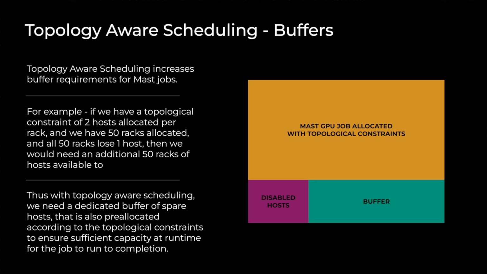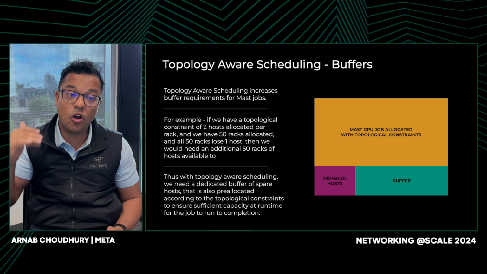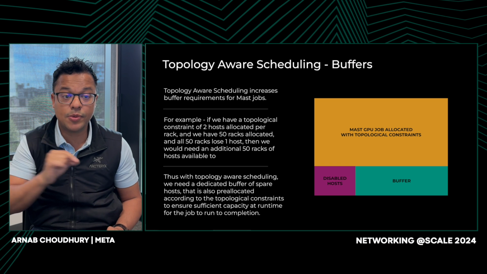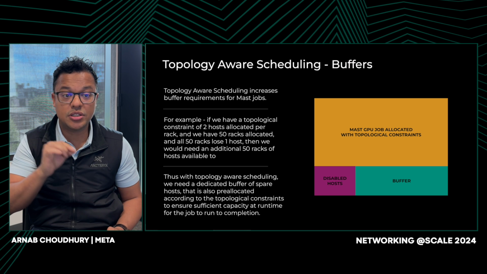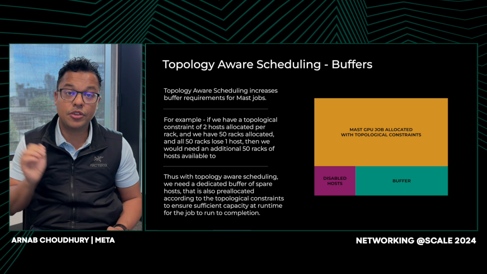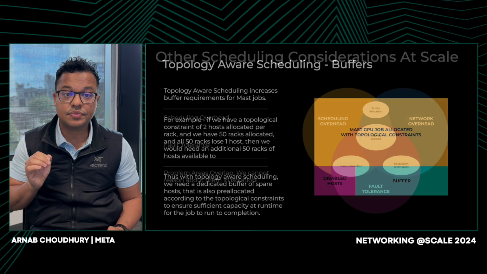Thus, with topology-aware scheduling, we need a dedicated buffer of spare hosts that is also pre-allocated according to the same topological constraints to ensure sufficient capacity at runtime for the job to run to completion.